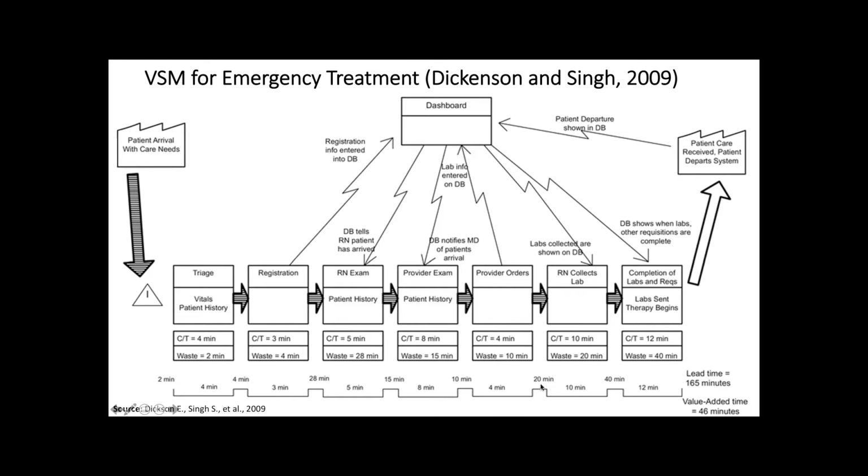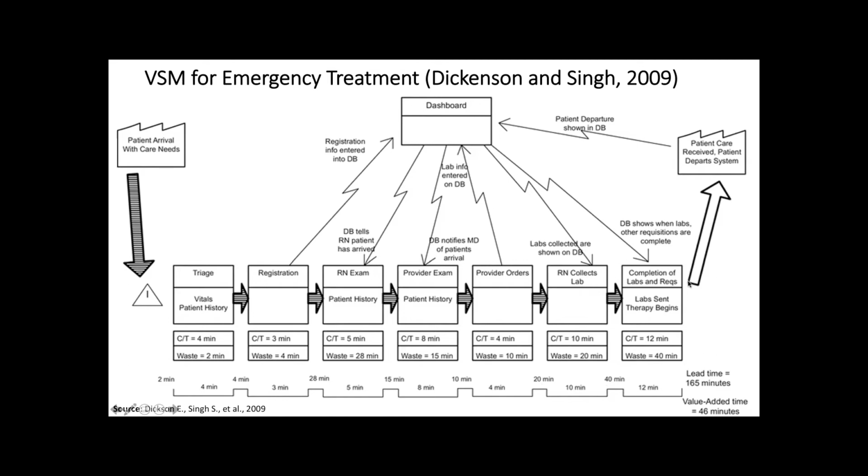It usually may take around 20 minutes for the lab work or the X-rays and things to be done, but usually the nurse receives those in about 10 minutes and analyzes those. Then after about 40 minutes, finally the information is sent to the doctor. When they are looking at everything, they do the visit and they talk to the patient about what is going on, and basically they are done with the operation.